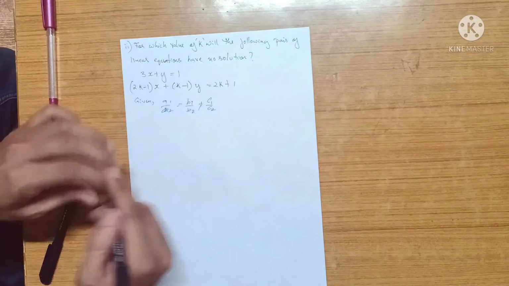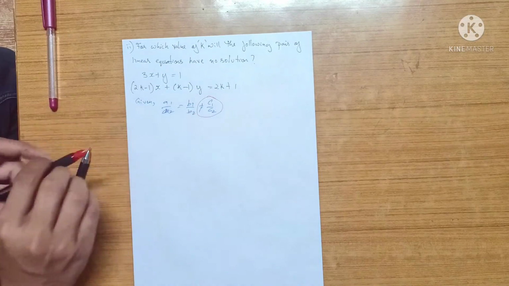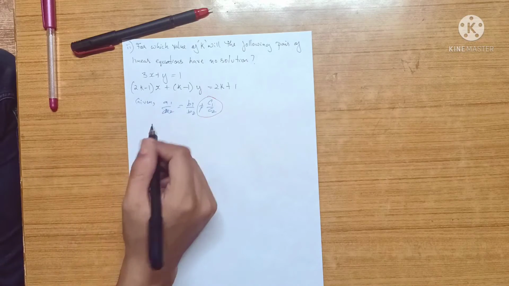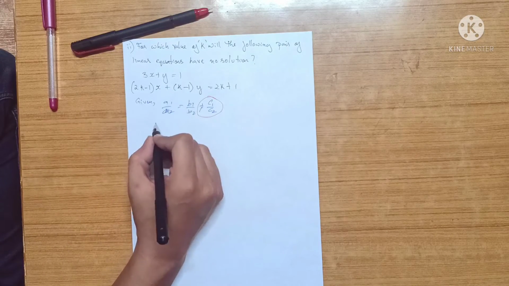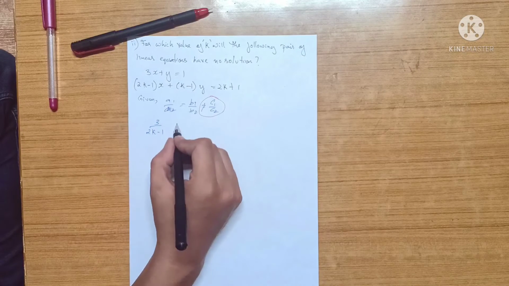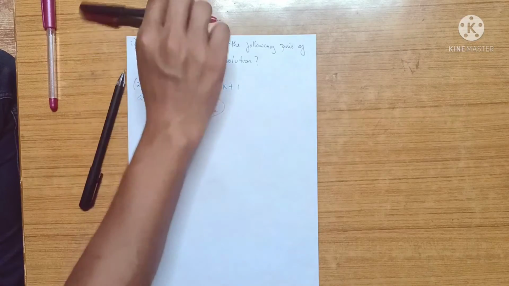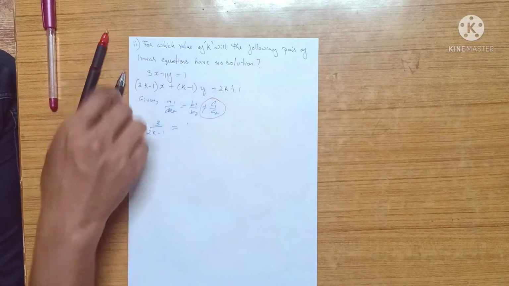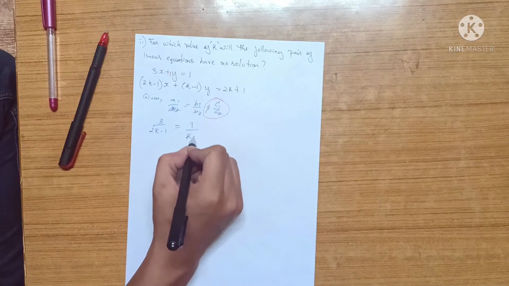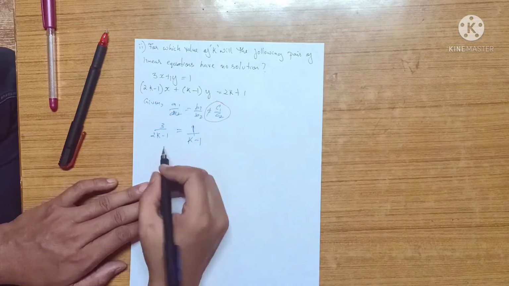So c1 by c2 is not equal, and if it's not equal we don't even have to include that. So a1 is 3, a2 is 2k minus 1, b1 is, since there's no number here, imagine that there's a 1 here, so b1 is 1 and b2 is k minus 1. So we don't need c1 and c2 because it's not equal.